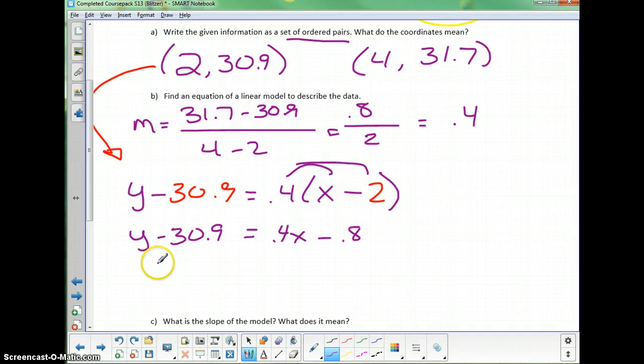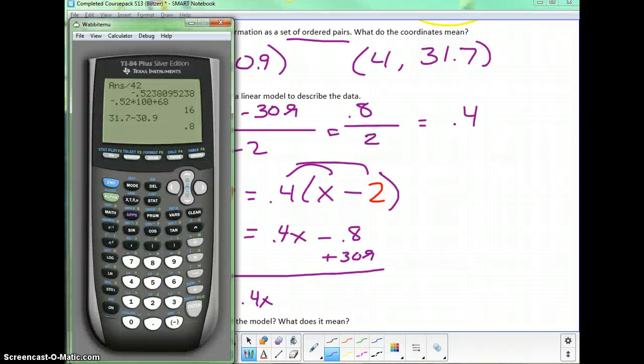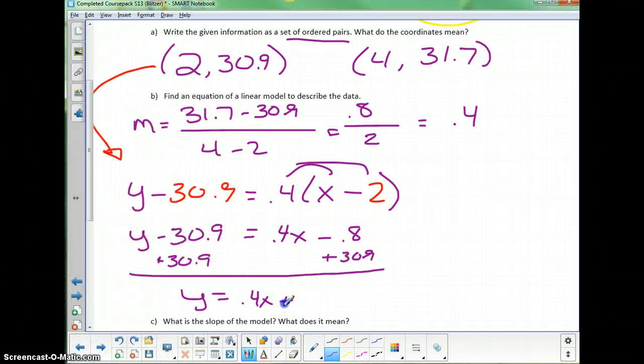Okay. Now I'm going to add 30.9 to both sides. That'll give us the equation y equals 0.4x plus, so I've got a negative 0.8 plus a 30.9 is 30.1. Okay, so that is my equation.